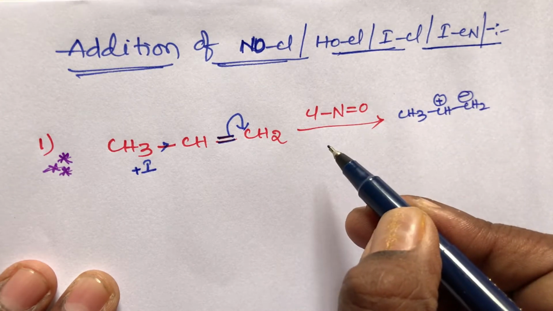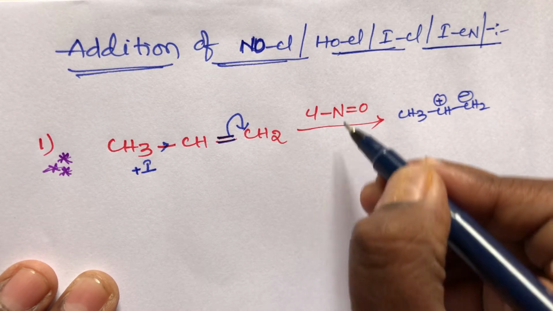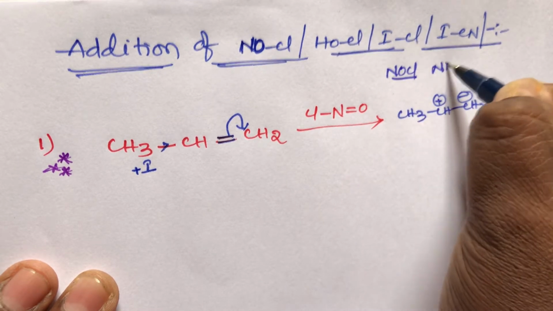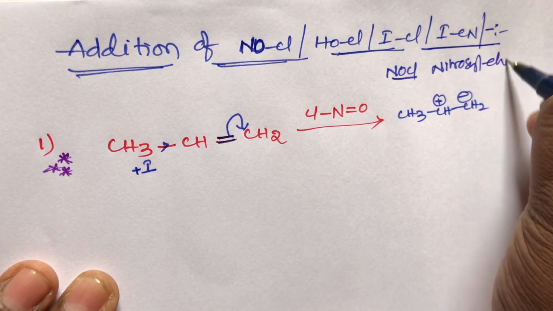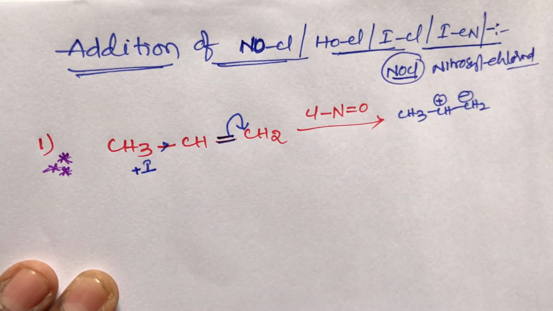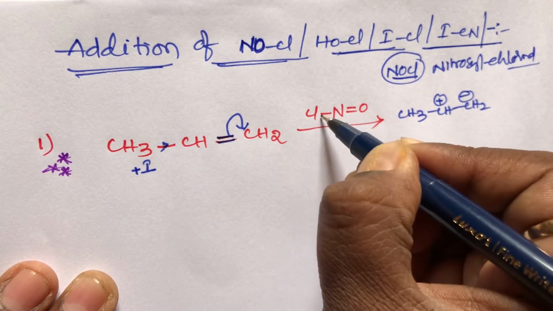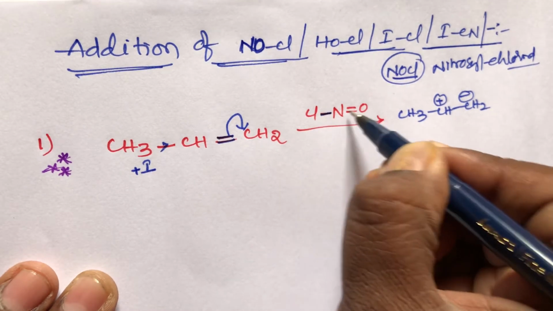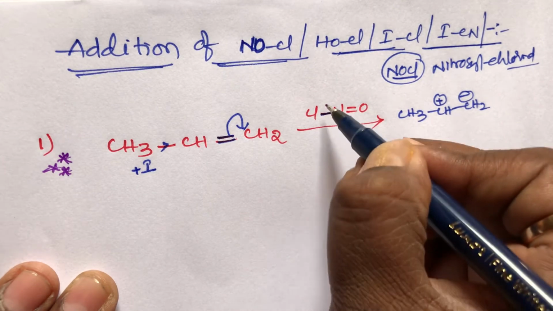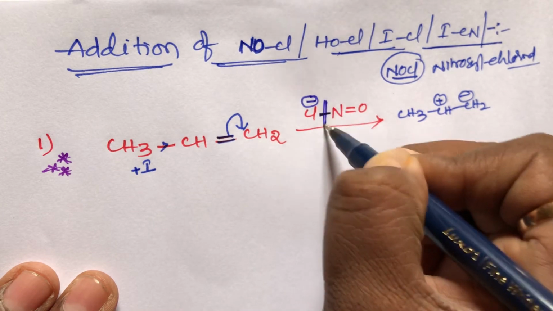But here, what about NOCl? NOCl is called nitrosyl chloride. In nitrosyl chloride, which one is the electrophile and which one is the nucleophile? Chlorine and nitrogen have almost equal electronegativities, but here chlorine gets the negative charge and nitrogen gets the positive charge.